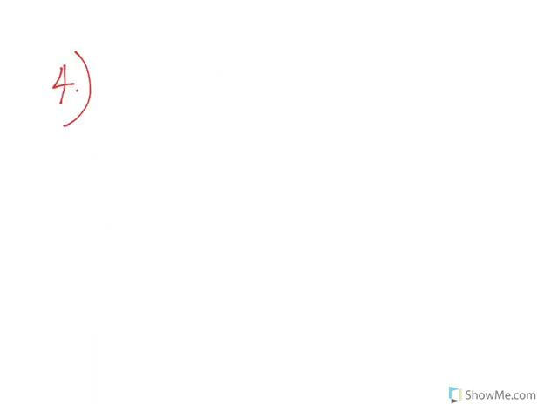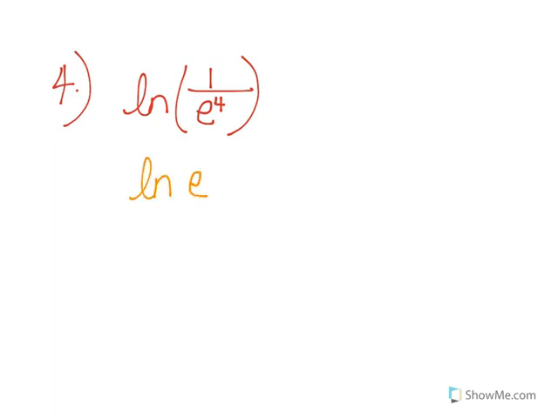And how about we review a little negative exponent? So how about we do ln and then 1 over e to the 4th power. So 1 over e to the 4th power is really equivalent to e to the negative 4th power, right?